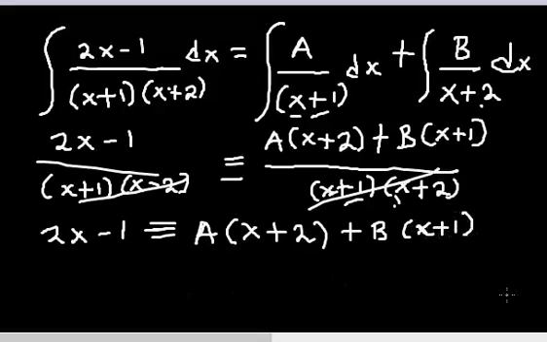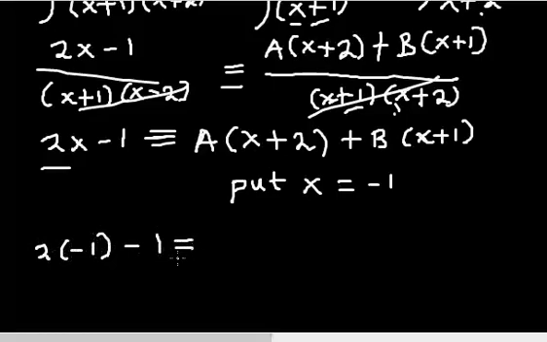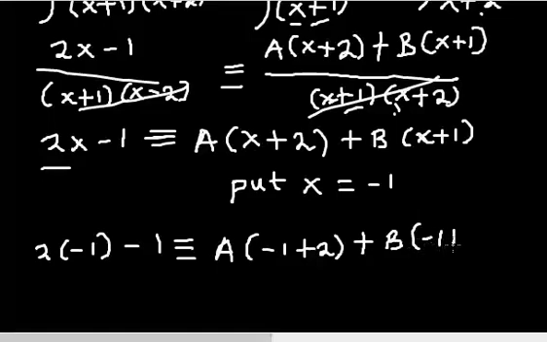Now let me eliminate b. If I want to eliminate b, I'll put x equal to minus 1. Any place I see x, that's going to be minus 1. So here I'm going to have 2 into minus 1, then minus 1, equals a times minus 1 plus 2, then plus b, bracket open, minus 1 plus 1.